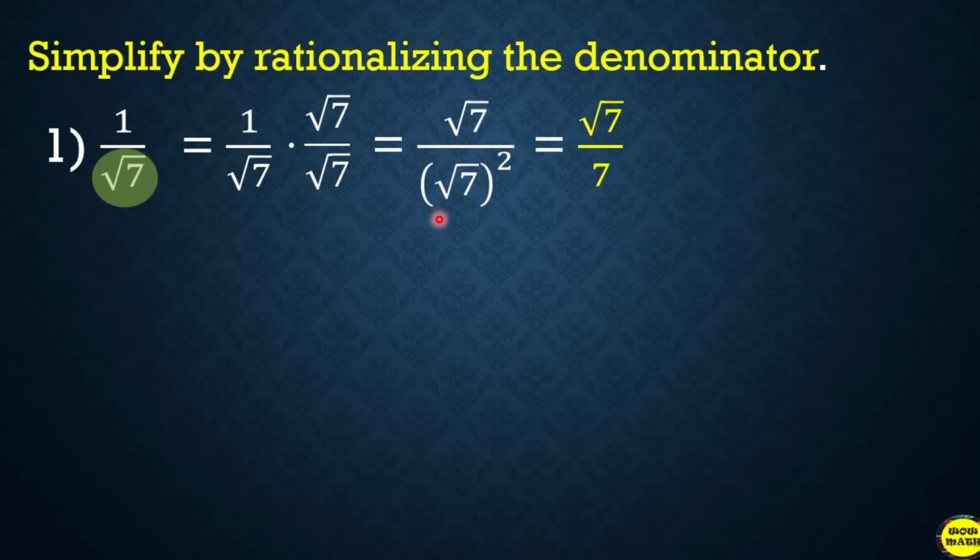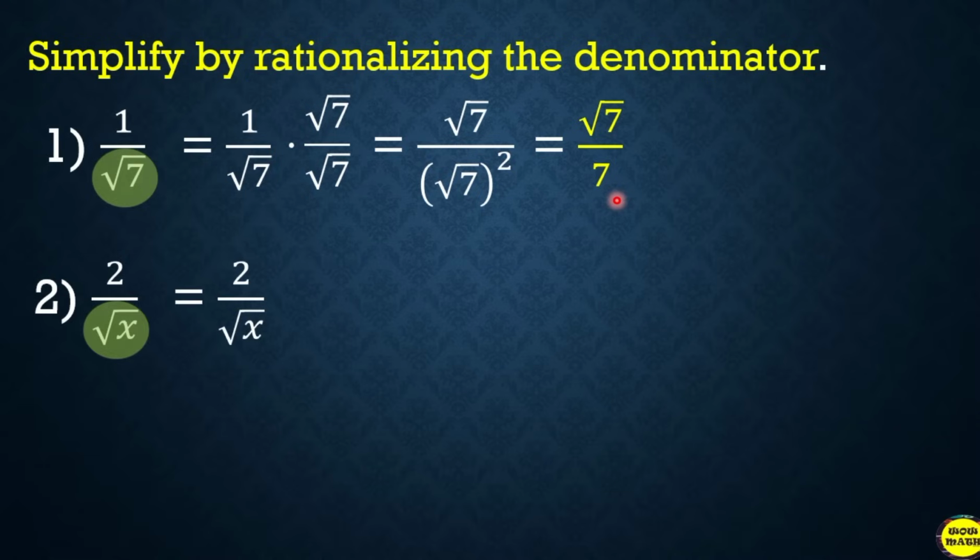Okay, dun sa mga previous video lesson natin, may ganito na tayong sample. The square of square root of 7, that is 7. Next, 2 over square root of x. So, again, si square root of x ay hindi a perfect squared number, saka variable siya. So, therefore, imumultiply natin both numerator and denominator by square root of x.